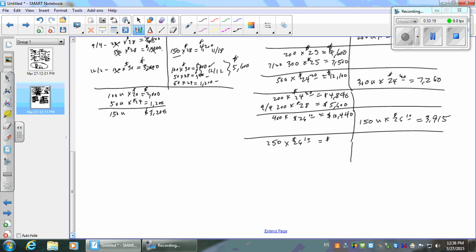Or if you multiply them together, it's how much? 6,525. Okay, then what happens? December 2nd, they bought how many? 100 more, is that right? At $30 is 3,000.